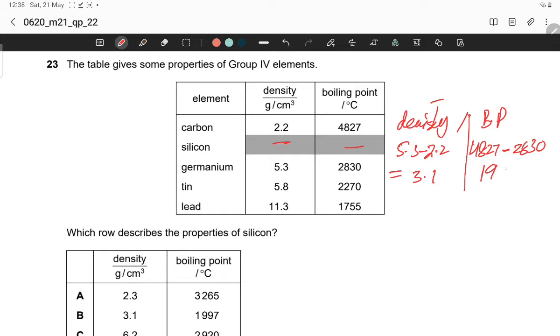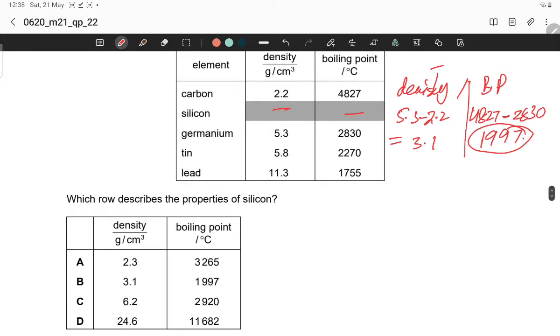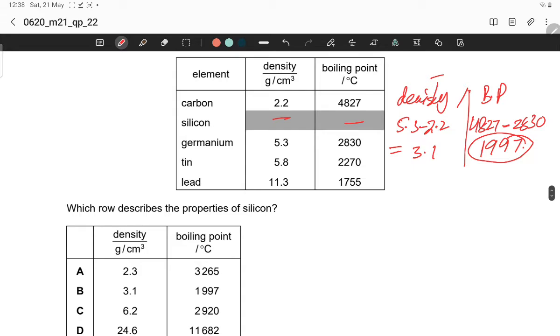So 1997 is not correct because there is a regular trend in boiling point, so that's why it cannot be 1997. And this is 2.3, so not exactly equal difference between these two, but approximately equal.